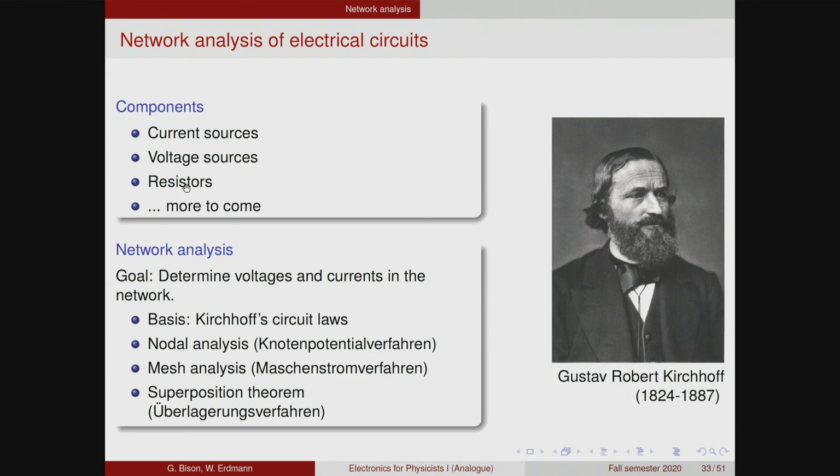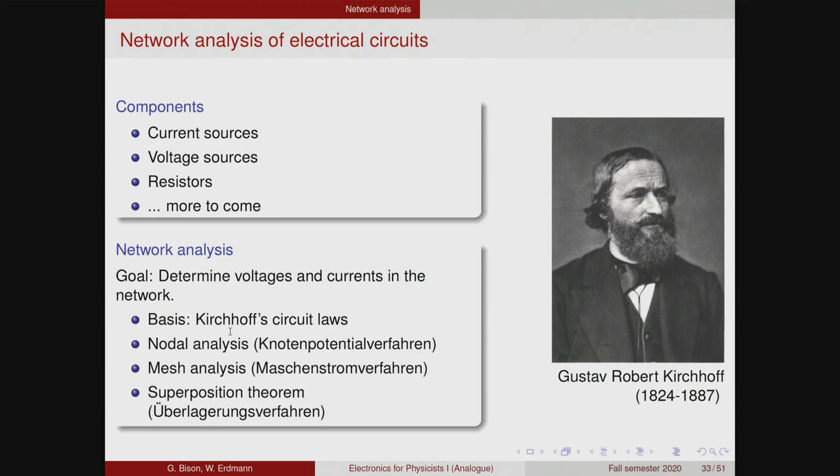So the goal is to determine voltages and currents in the network. And what we need is Kirchhoff's circuit laws. And then there are in principle three methods how to do that: the nodal analysis, the mesh analysis, and the superposition theorem. So in German Knotenpotentialverfahren, Maschenstromverfahren und Überlagerungsverfahren.